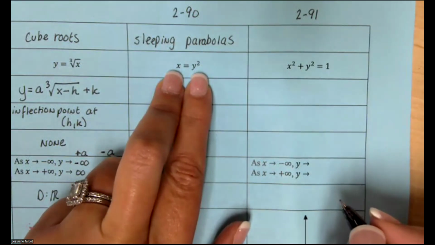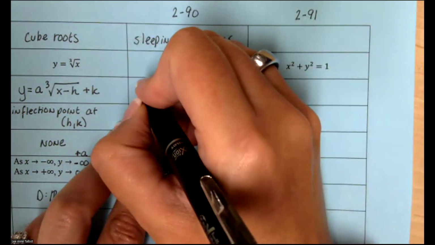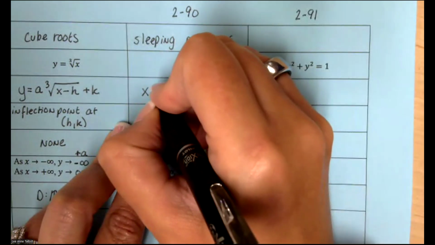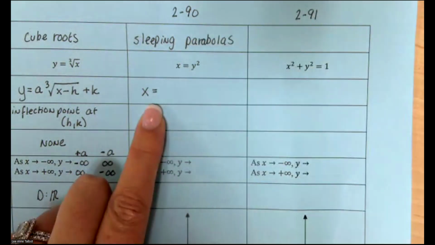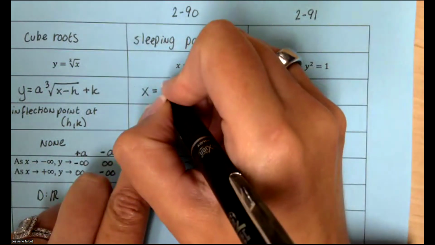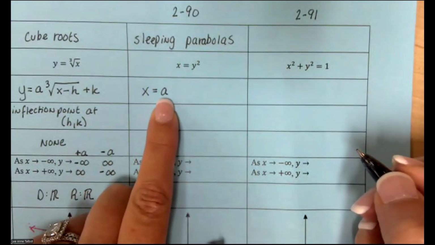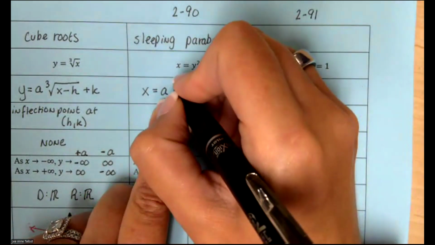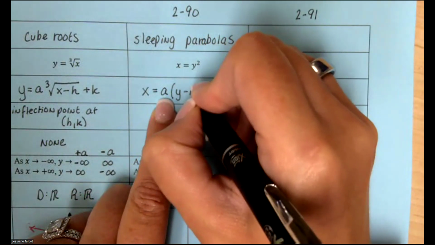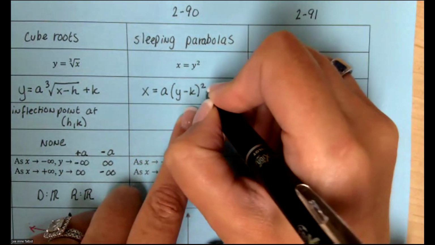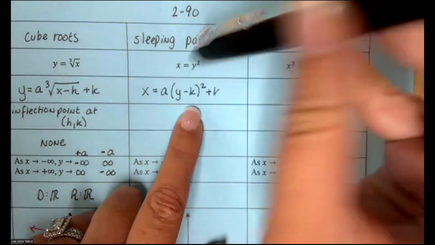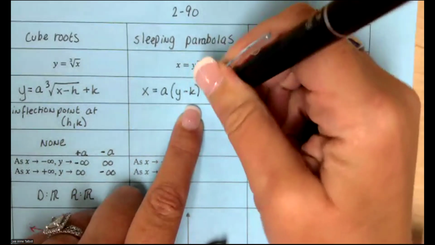Yeah, they're flipped, right? So the equation, you flip them, so x equals is in the front, not y equals. A is still in the front of the parentheses, but in the parentheses is y minus k squared, and then h is now outside.